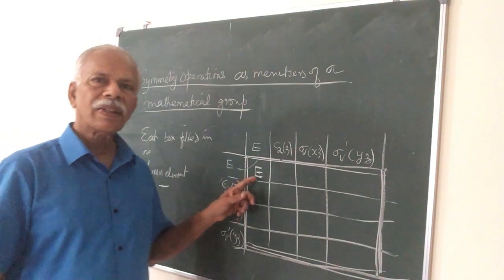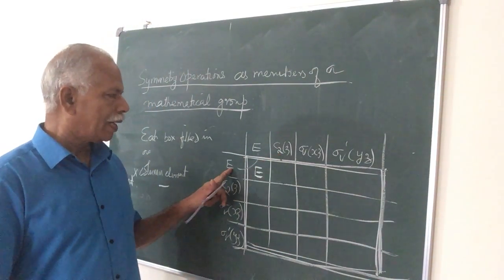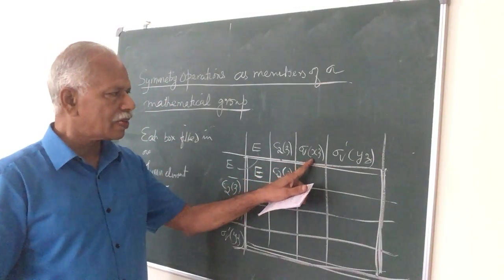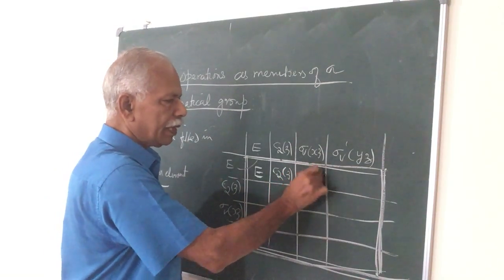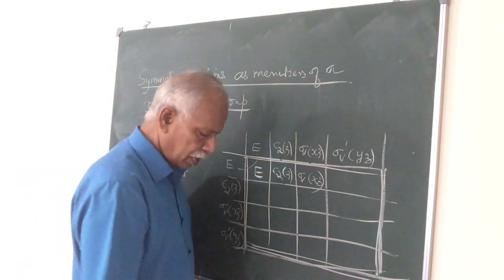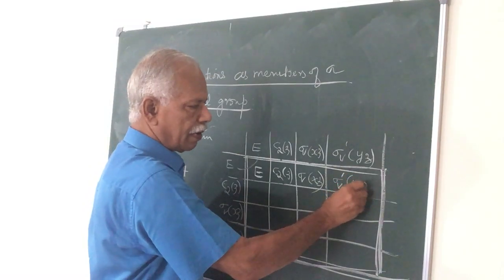So writing the first row is very easy, because C2z into identity is C2z, it is unchanged. Sigma v xz into identity will be sigma v xz. Sigma v dash yz multiplied by identity will be sigma v dash yz.